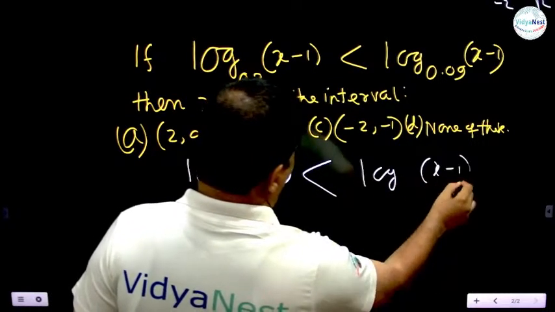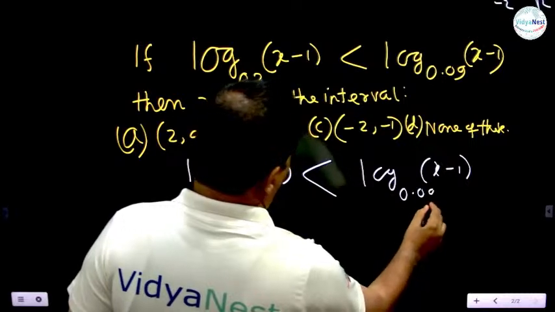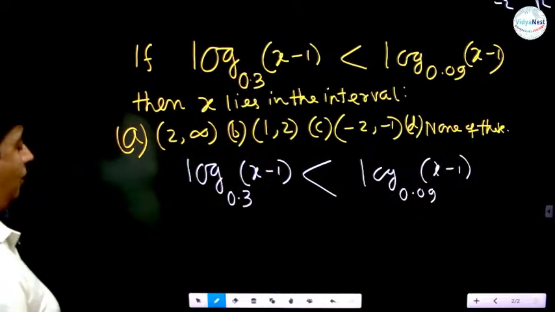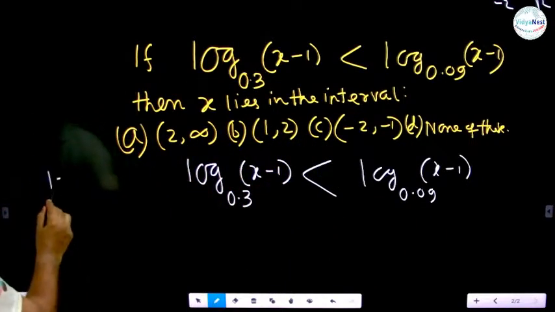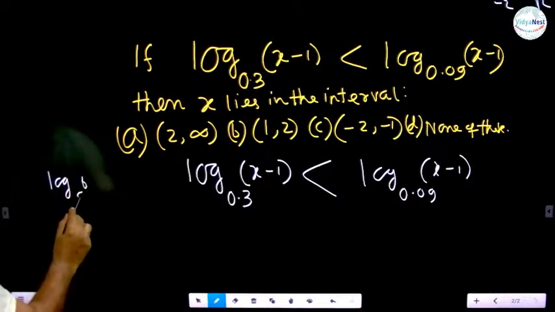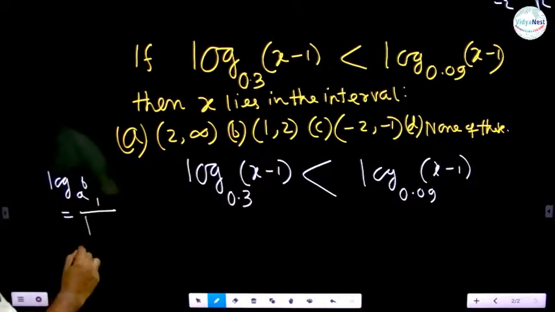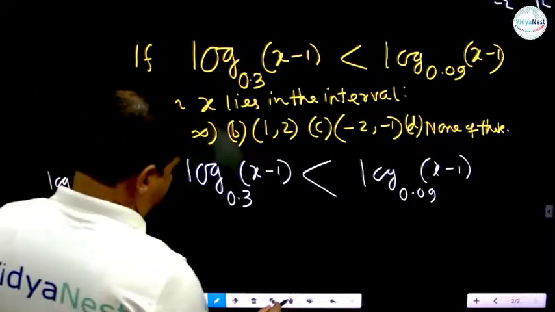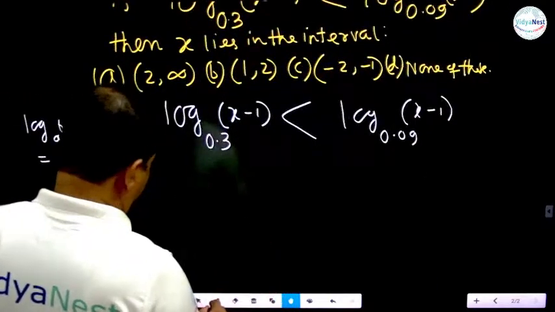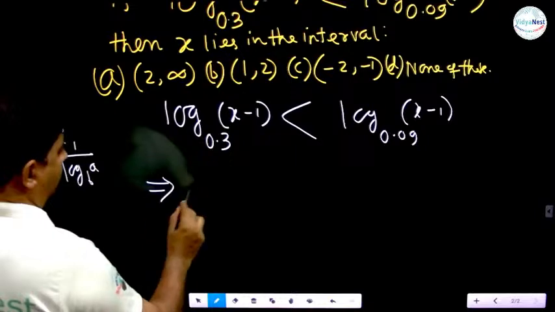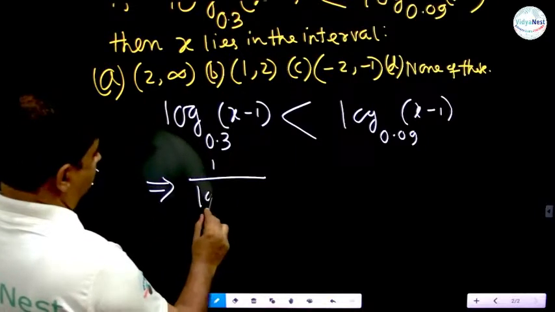So in this type of inequality, you need to introduce the property of log. What is that? We know log b to the base a is 1 by log a to the base b. See, 1 by log.